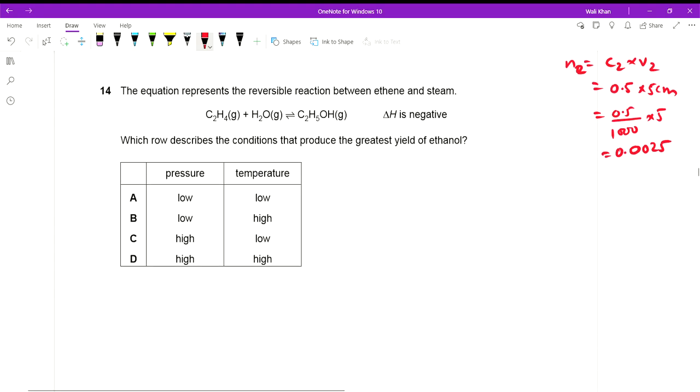The equation represents the reversible reaction between ethene and steam. Ethene plus steam gives ethanol, and the enthalpy change is negative.